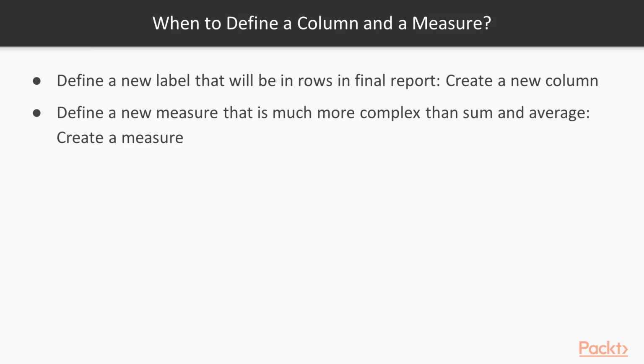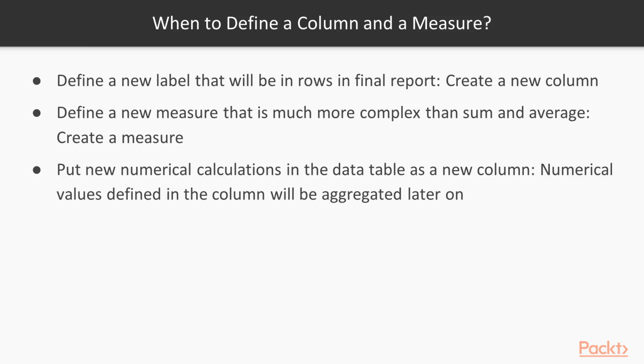If you want to define a new measure, something that is much more sophisticated or complex than sum and average, obviously you have to create a measure. But sometimes you want to put a new numerical calculation in the data table as a new column. When you do this, you have to understand that whatever numerical value you define in the column is going to be aggregated later on. This is very important.